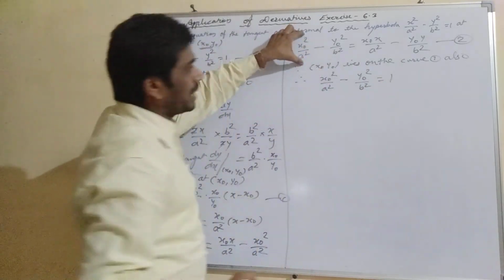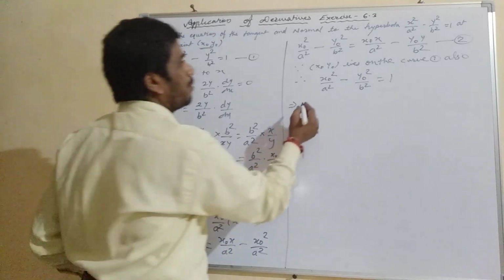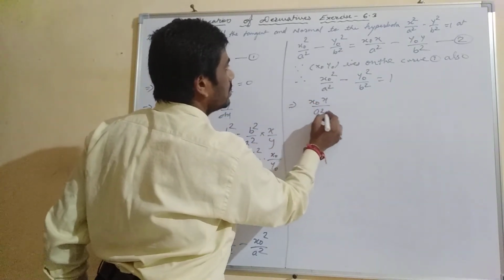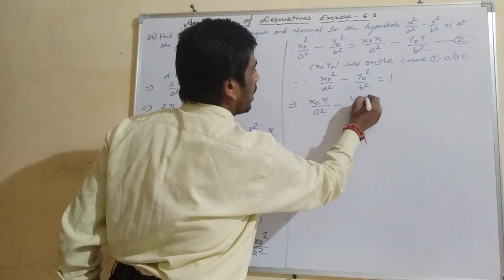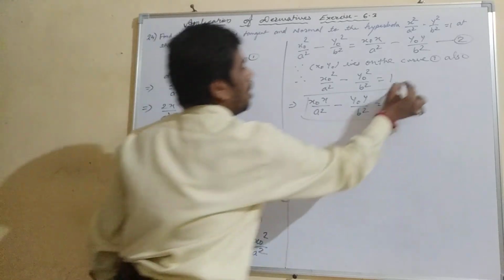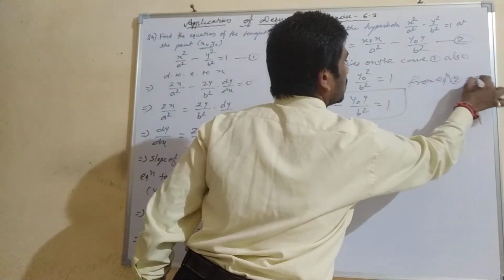So that you can replace here, so in short this equation will be in the reduced form. So it will be x naught x upon a squared minus y naught y upon b squared equal to 1. Okay, from equation 2 and 3 we can write.